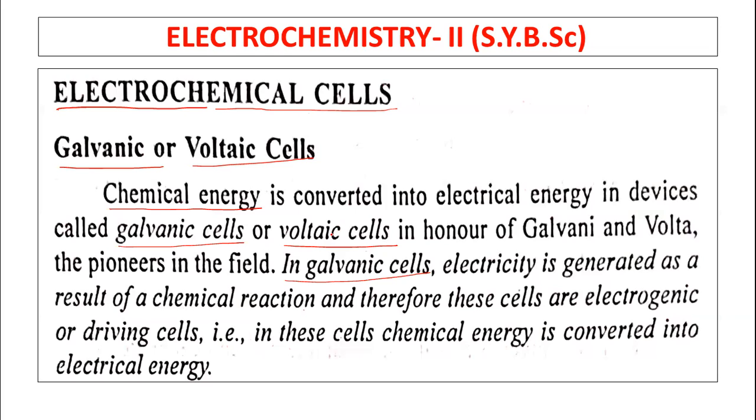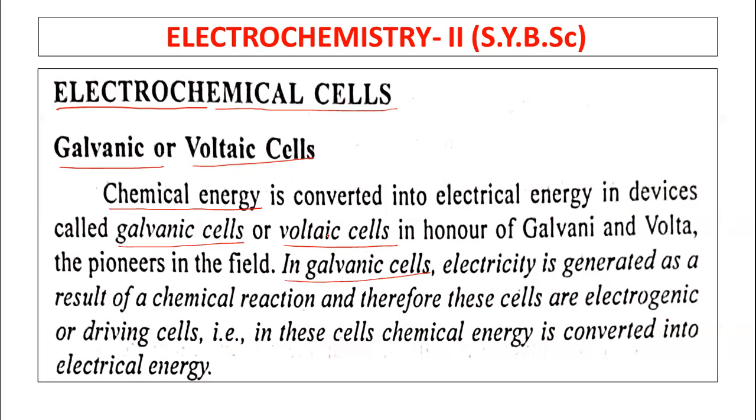So in any electrochemical cell, there is a production of electrical energy; it means there is a conversion of chemical energy into electrical energy.